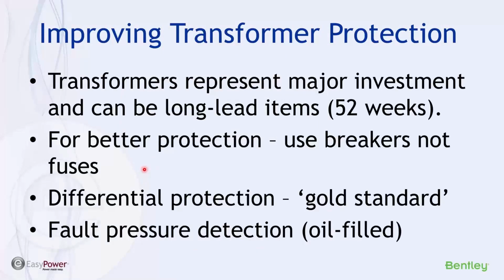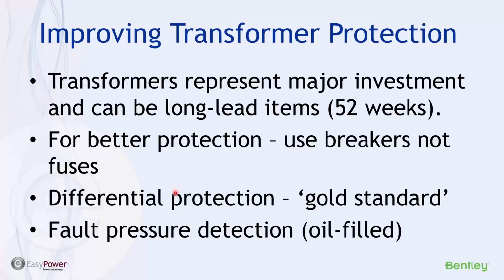So the question is how to improve transformer protection. Transformers, again, can be very expensive and catastrophic failures if we haven't designed a procedure to take care of potential damage. So for better protection, use breakers, not fuses, and breakers include relays and breaker combinations.